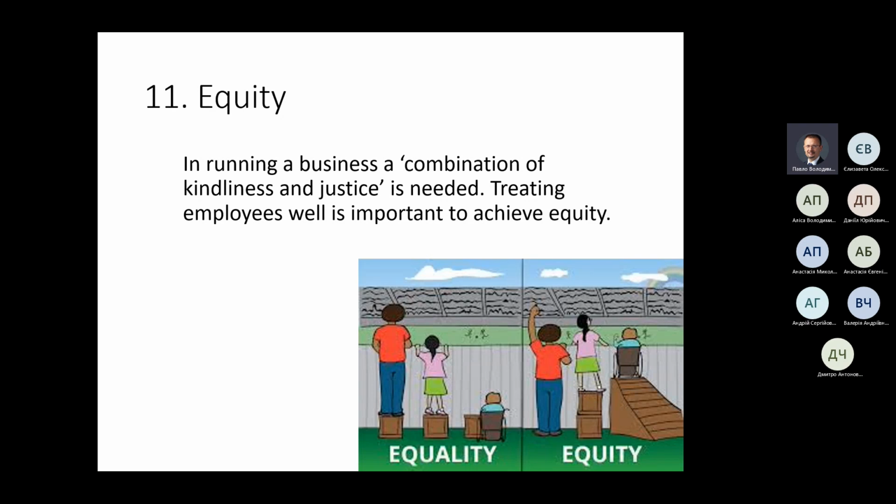It means that everything must be transparent in the organization, and if everything is transparent, nobody would ask why this worker gets a bigger salary, because everybody knows that he has more responsibilities, more tasks to perform.